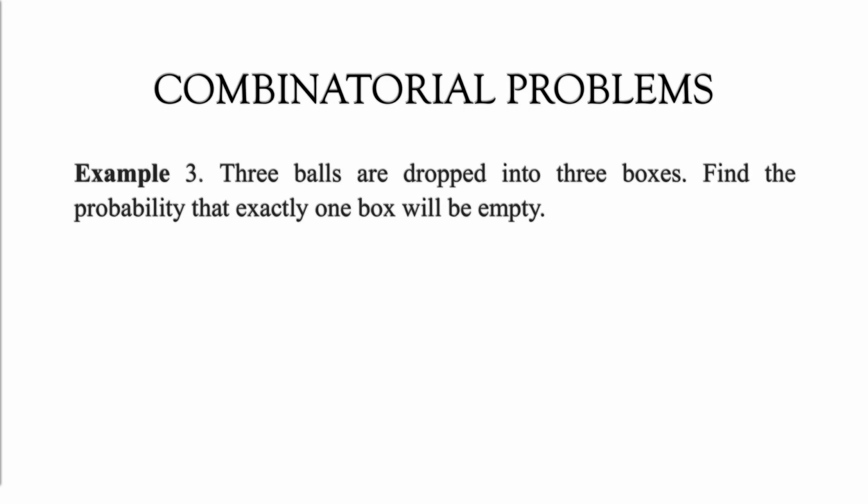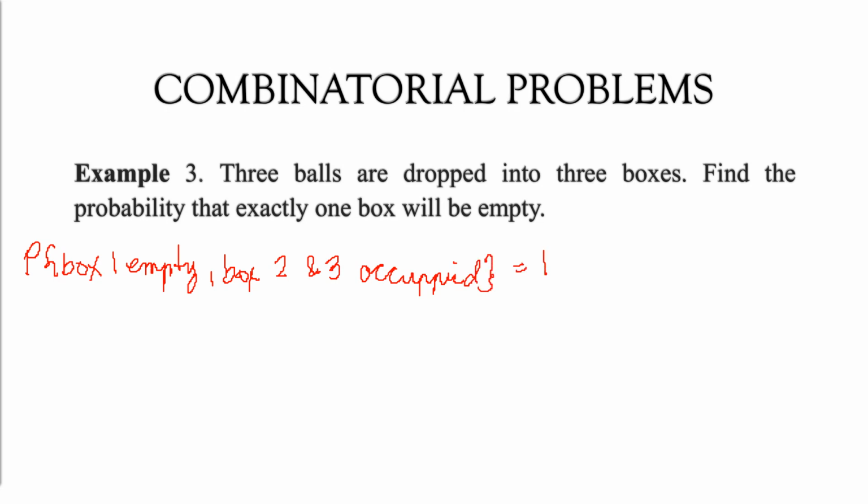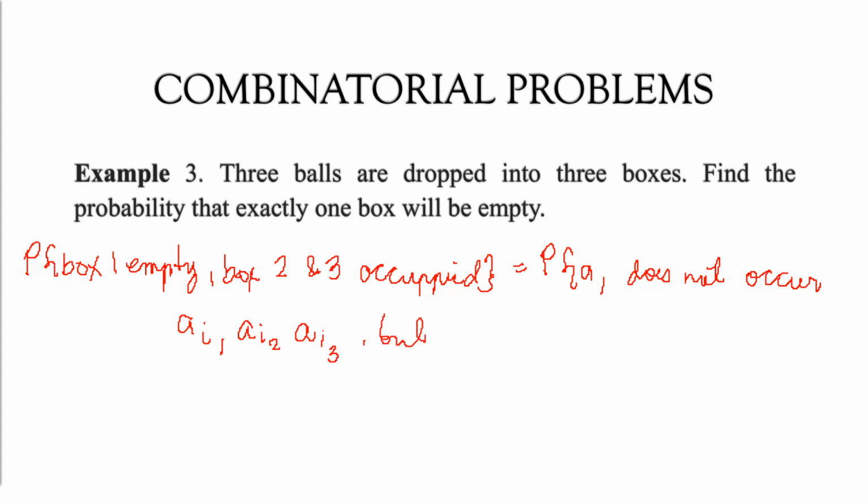Furthermore, we could also say that the probability of box 1 empty, boxes 2 and 3 occupied, is equal to the probability that a sub i does not occur in the sequence a sub i sub 1, a sub i sub 2, a sub i sub 3, but a sub 2 and a sub 3 both occur.